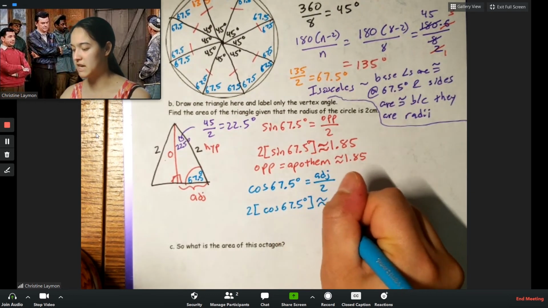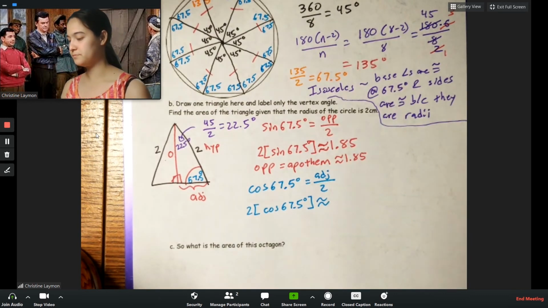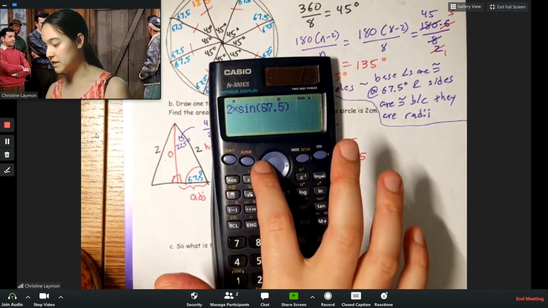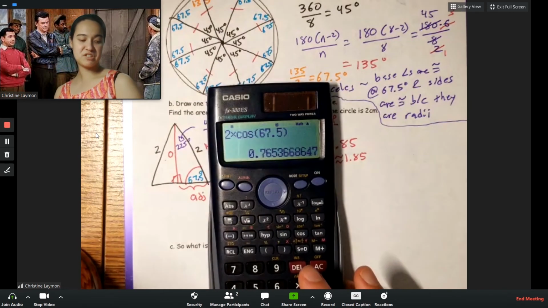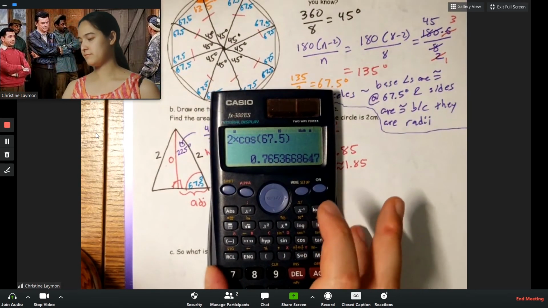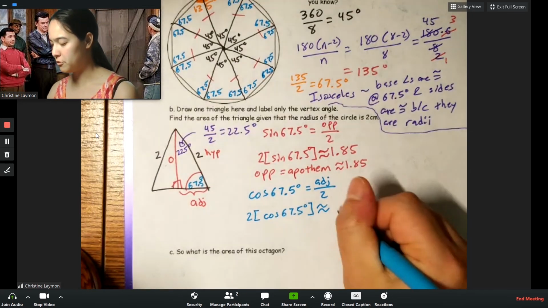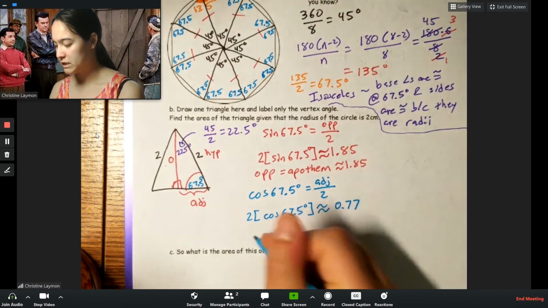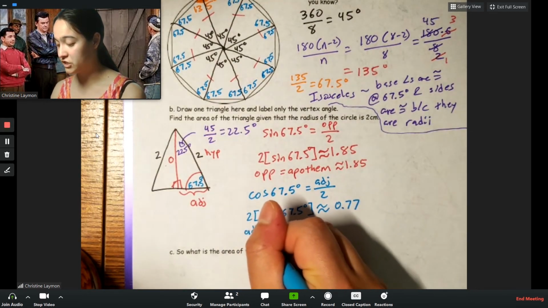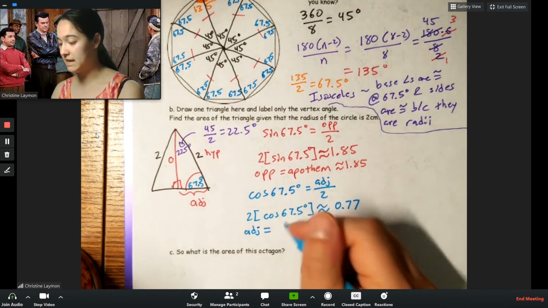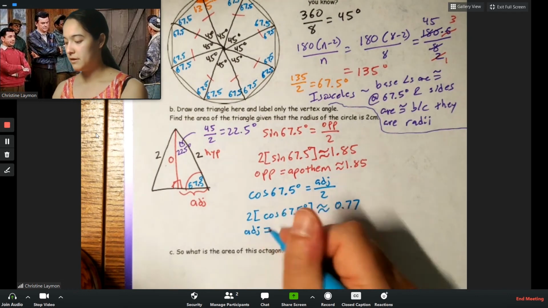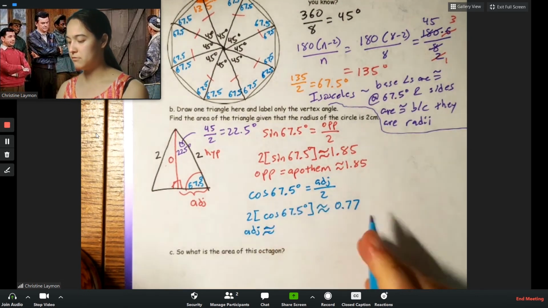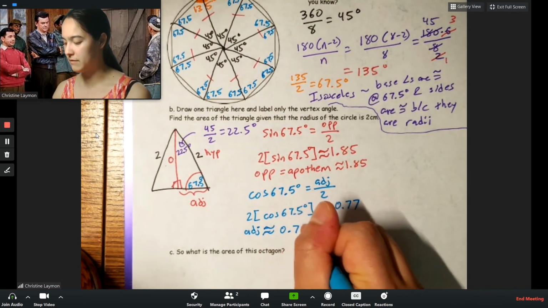I'm going to go ahead and type that one into the calculator as well. So instead of sine, just using cosine, 0.77. So again, what we just found is the adjacent, which is the same thing as half of that. I'm just going to leave it as adjacent right now and title it as 0.77.